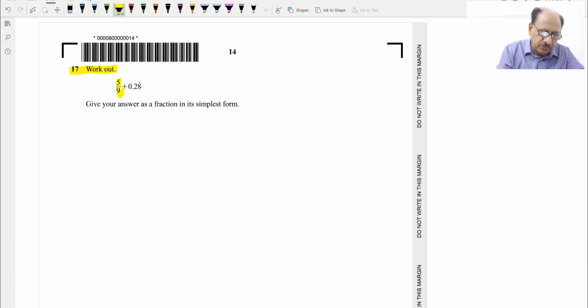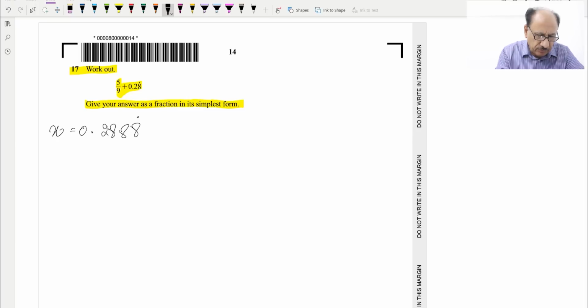Work out this. We need to add these two terms and give your answer as a fraction in simplest form. So the recurring decimal we can solve separately. We can write 0.28 recurring, so we can write 8 recurring over here, and we can write it as x, and then we can multiply.